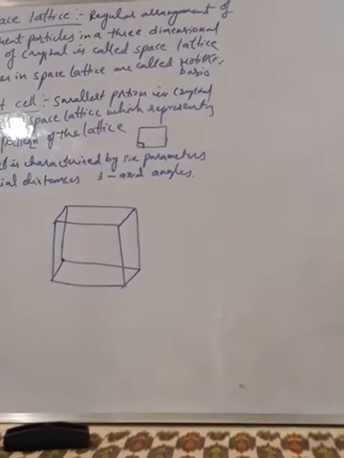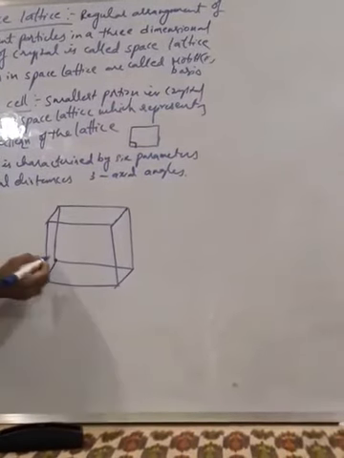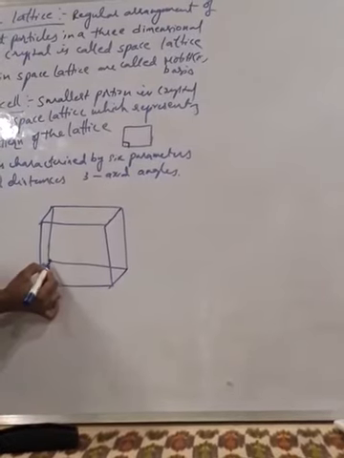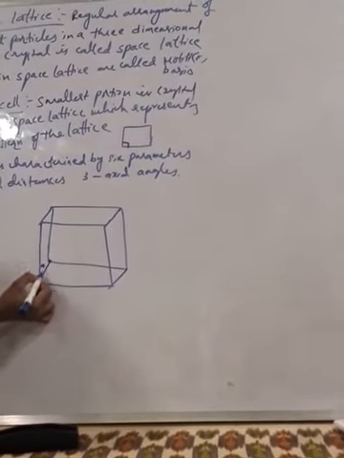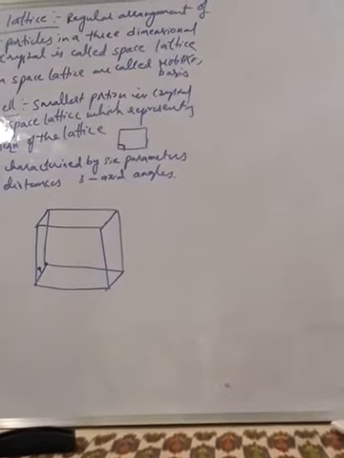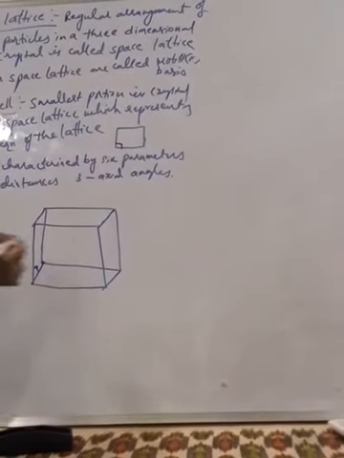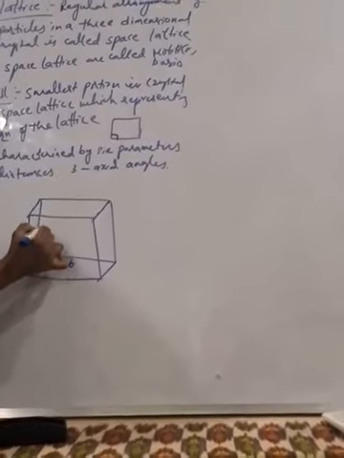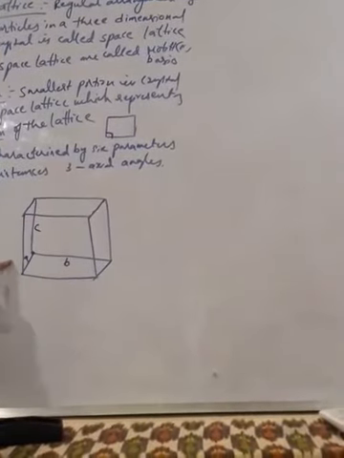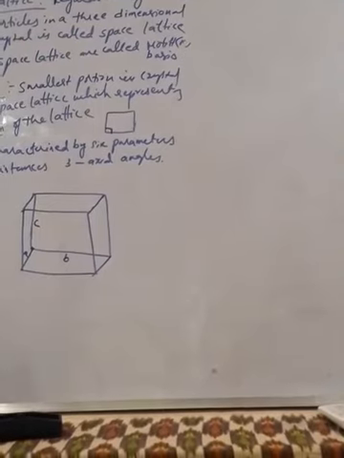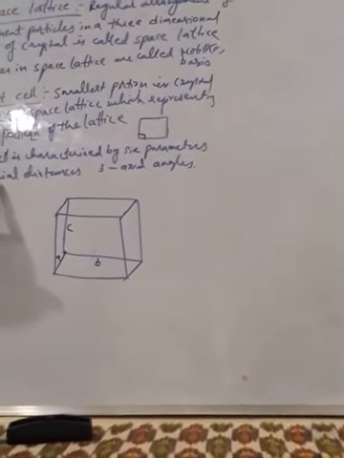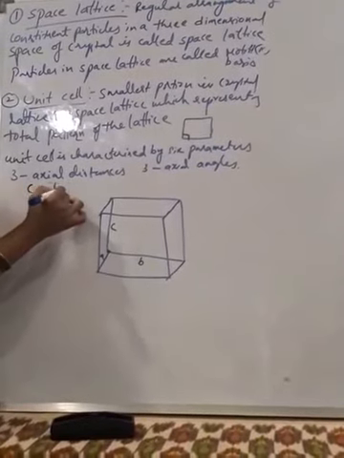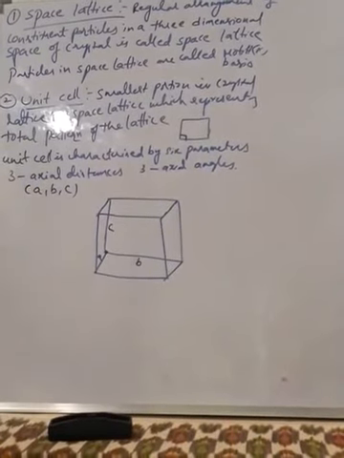So first coming to axial distances. So from this point, this corner point to this corner point is A. Okay. And from here, this is B. And this is C. Okay. So A, B, C. These are axial distances. Okay. So three axial distances are A, B and C.